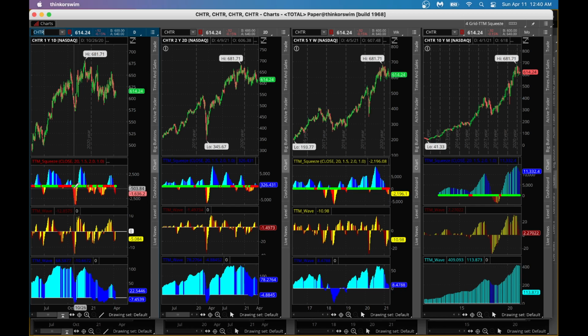So the moment you see a red bar coming down after the squeeze, that means it's going to fire on the negative side. So you've got to watch, after the squeeze has formed, whether the bars go above the zero line or below it. If they go below the zero line, then it's going to be on the negative side. So you could buy some put options. I would not recommend shorting the stock, but you could buy some put options or put spreads in this scenario.